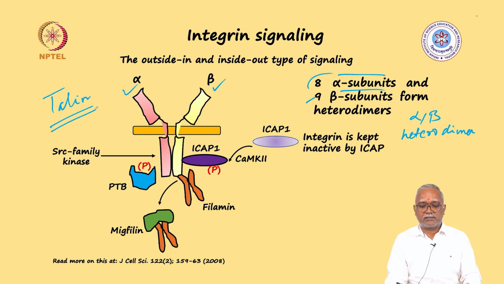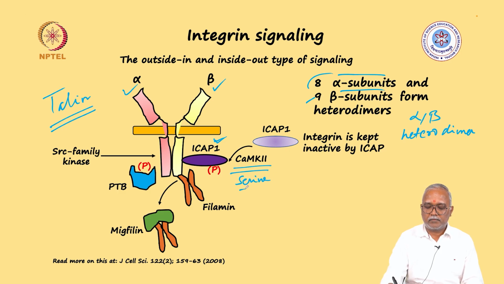So how is the signaling started? One of the molecules, which is called ICAP, is bound to the receptor in the phosphorylated version, and this phosphorylation is carried out by a protein called CaM kinase 2. It's a serine threonine kinase.